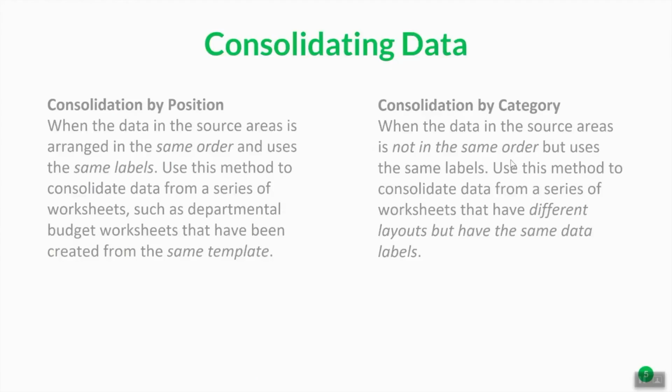Consolidation by category is when the data in the source areas is not in the same order, but uses the same labels. Use this method to consolidate data from a series of worksheets that have different layouts but have the same data labels.